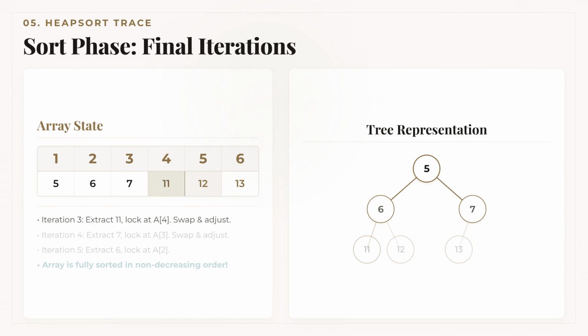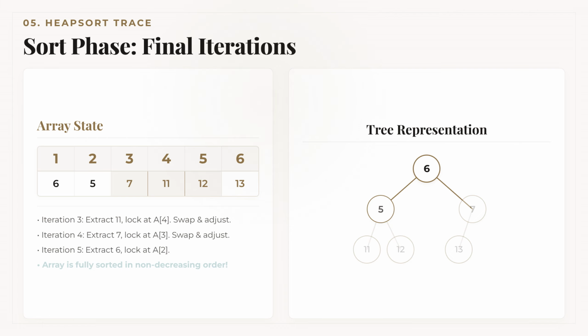In the third iteration, we swap 11 with 5. The array becomes 5, 6, 7, 11, 12, and 13. We adjust the root 5 by swapping it with its larger child 7, resulting in 7, 6, 5, 11, 12, and 13.